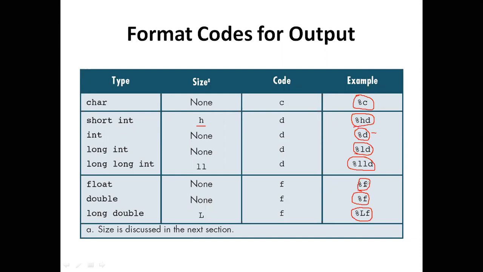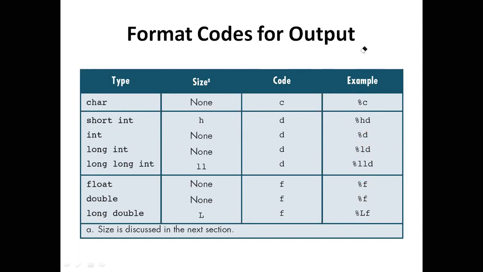To display a float, percentage F. To display a string, we indicate percentage S. And to display an octal number, percentage O. And to display a hexadecimal value, percentage X. These are what we call format specifiers.